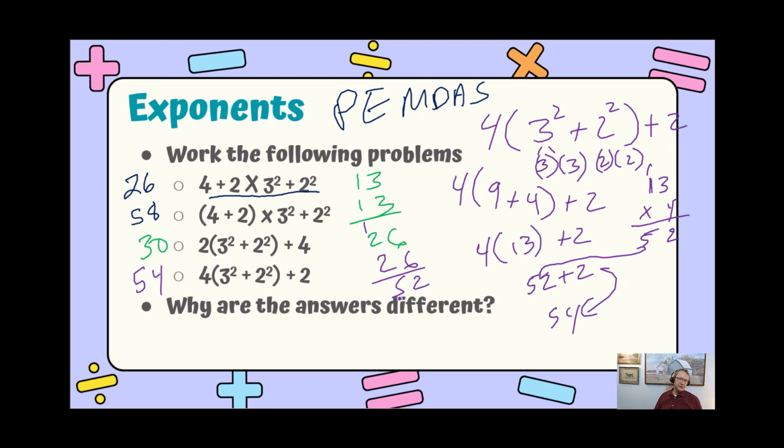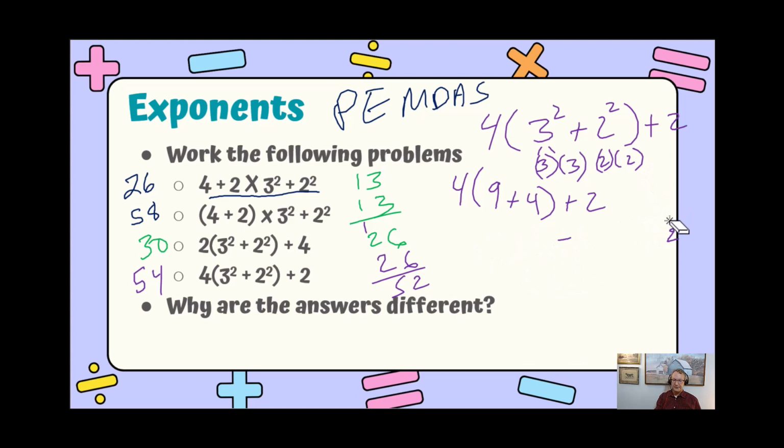Now, think about this for a moment. We've got the same numbers. We're adding, multiplying. We have exponents, but we have different answers. Why do you think the answers are different? Okay, a couple of good thoughts there.